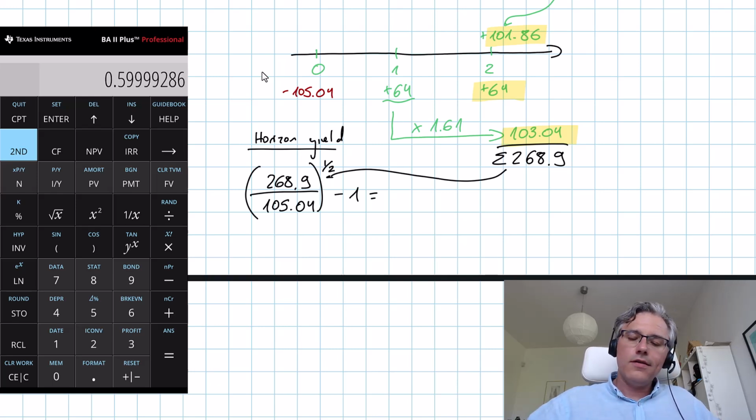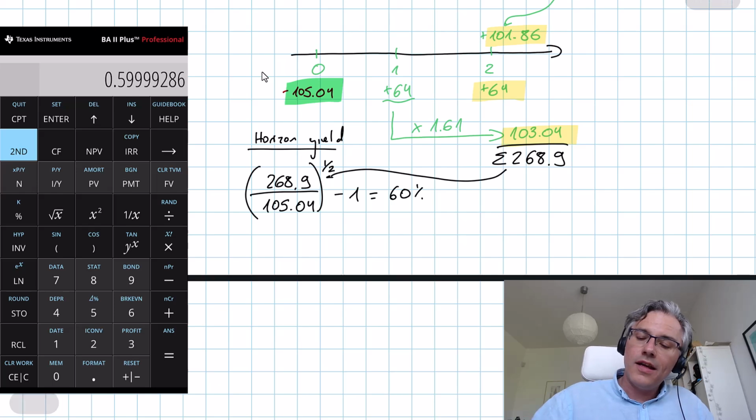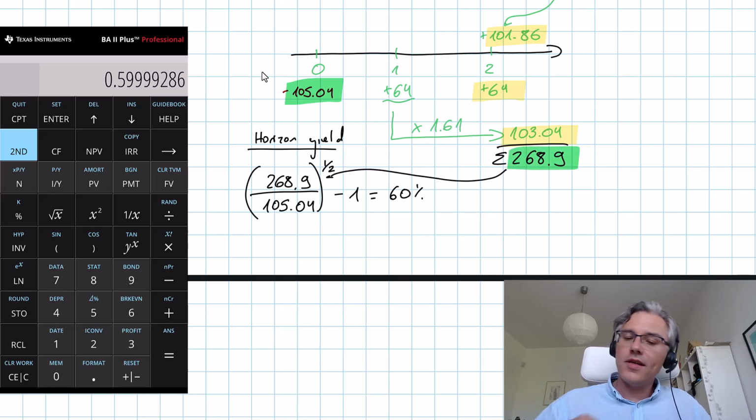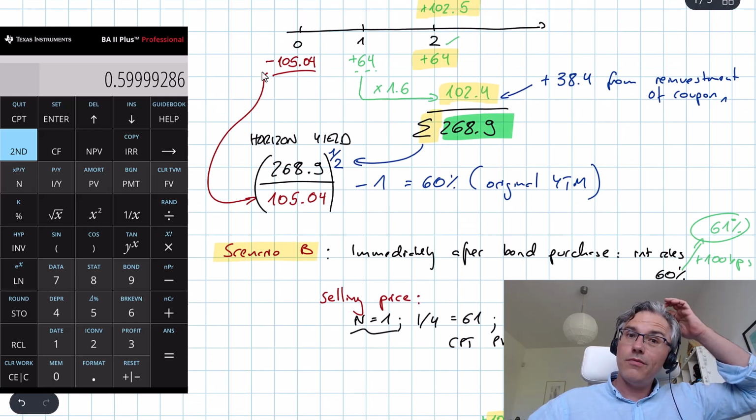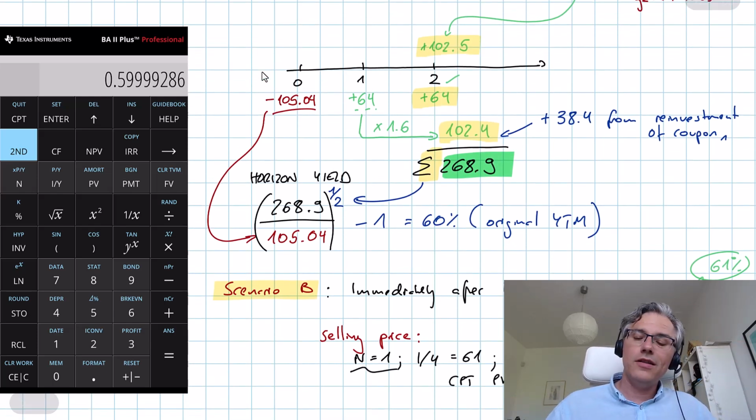Minus 1, look, it's once again equal to 60%, the original YTM. How come? Well, the purchase price was the same, and so is this total. 268.9 is the same total as we had in the previous example where there was no change in yield.